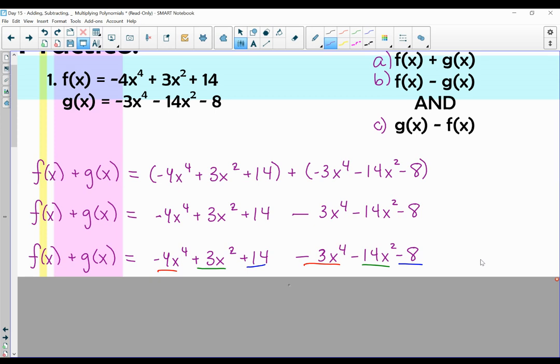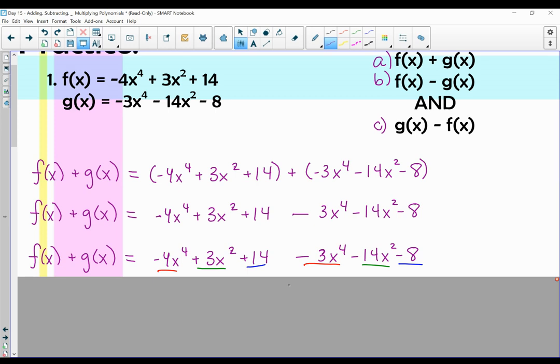Negative 4x to the fourth plus negative 3x to the fourth. Well, 4 plus 3 is 7. So negative 4 plus negative 3 is going to give me a negative 7. Then I have 3x squared plus negative 14x squared. That's like 3 minus 14, which is the same as 14 minus 3, but keeping it negative. So that's going to give me a negative 11.